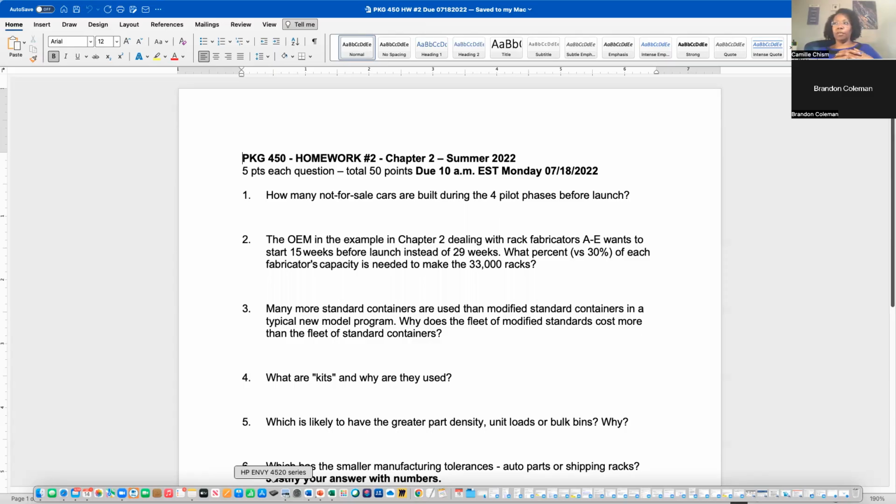If they want to start building 15 weeks before the launch, how is that going to impact each fabricator, and how much of each fabricator's capacity is going to be used? You can see in that example of the 29 weeks, they were using so much capacity for each of those suppliers. But if they push it up to 15 weeks versus 29, what's the difference? What is that going to look like?